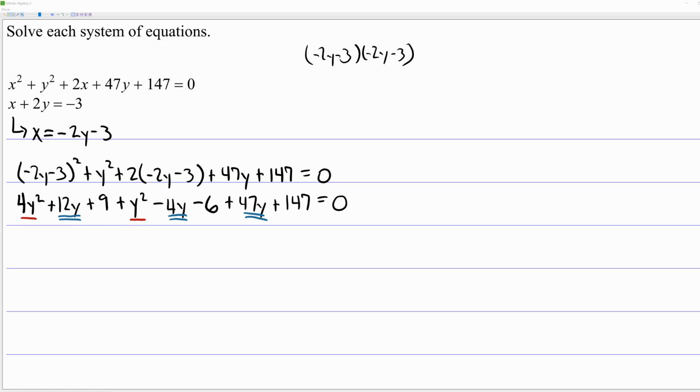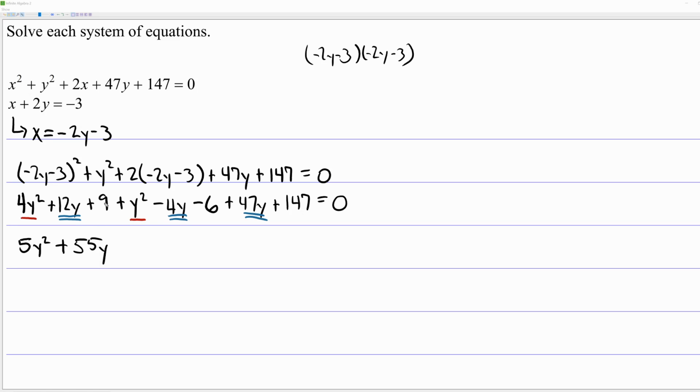So if I combine everything we have, this would be 5y squared. And now for the y's, we have 12 minus 4, that's 8. And then 47 plus 8 is plus 55, so plus 55y. I like that both of these are multiples of 5.